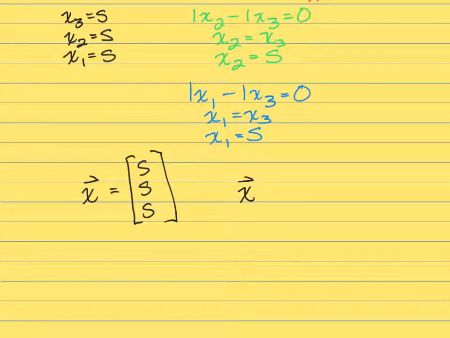What we want to do is notice that we can factor an s out of that, and so it ends up with s times 1, 1, 1. That's the proper form that we want to put it in as a parametric solution. Now, if there were two parameters, you'd have s times its vector plus t times its vector, as an example. So that's what you're going to see in this section.